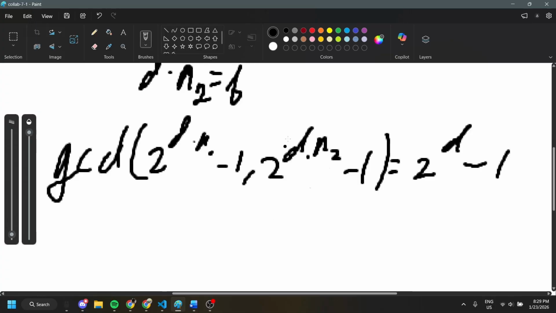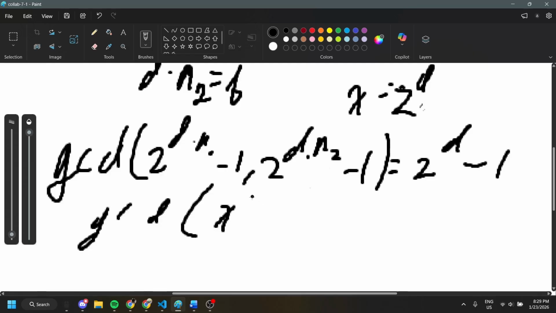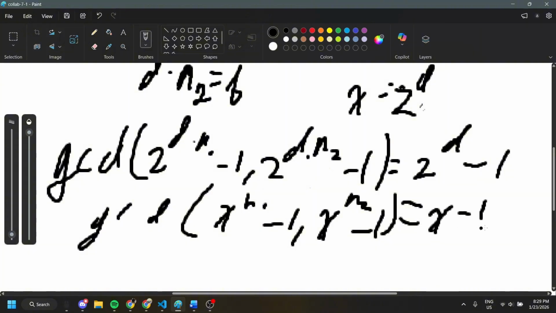An interesting thing we can do is, if you notice, everything has this 2 to the D in it, and then this is just brought to another power. So if we say x is equal to 2 to the D, then the GCD of x to the N1 minus 1 and x to the N2 minus 1 is equal to x minus 1.